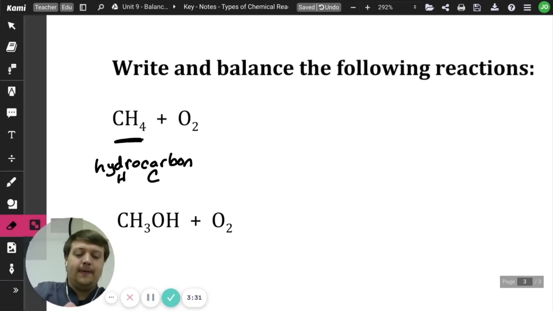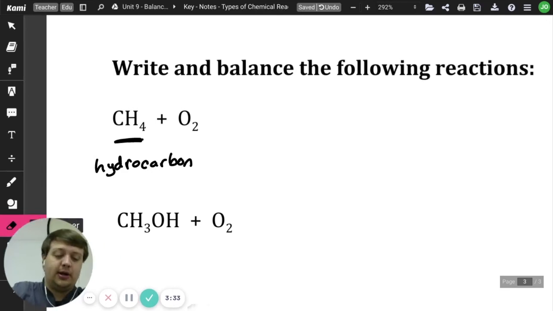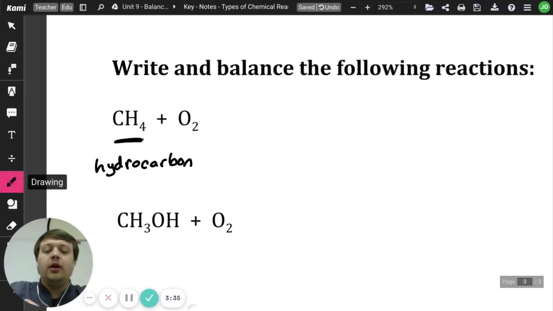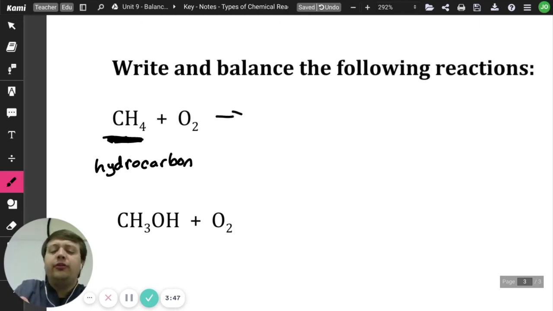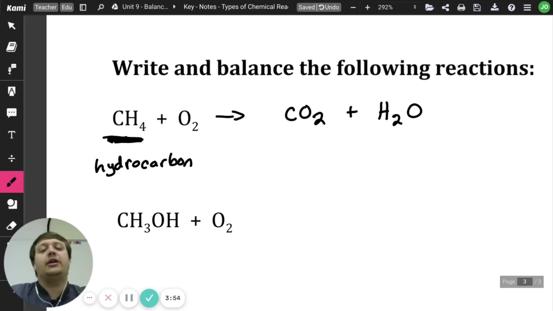Okay, and it's a part of a single compound that we have that hydrocarbon. We also need to have oxygen as a part of this reaction. So if I just had the hydrocarbon but no oxygen, it is no longer combustion. Okay, so this is going to produce always, every single time, CO2 and H2O.